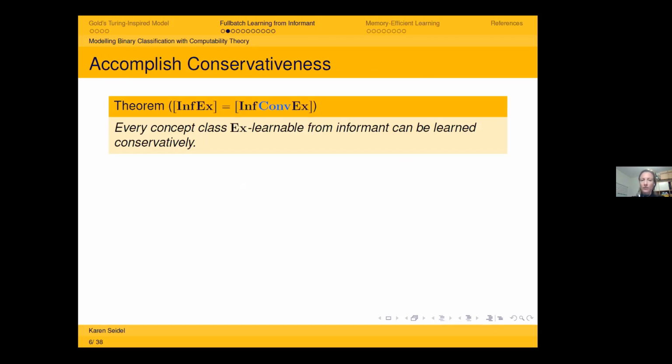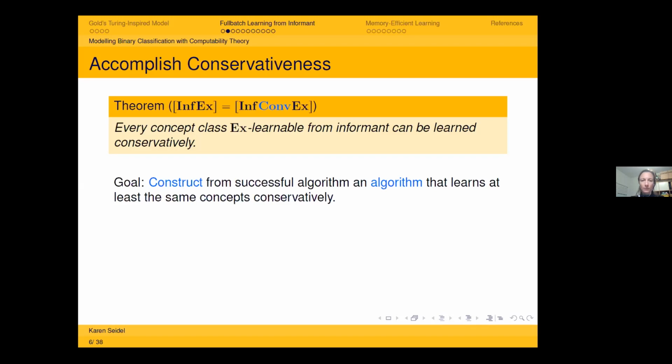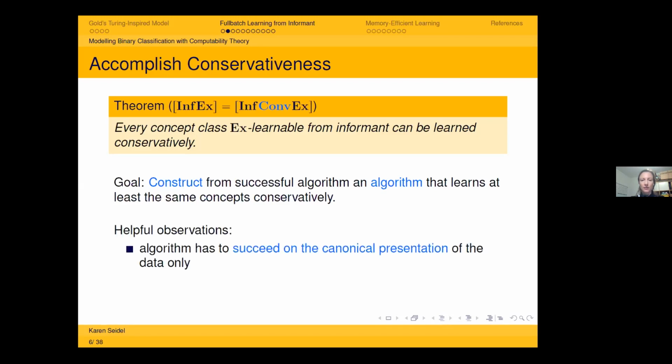So when learning from positive and negatively labeled data, this is not the case. The general idea, and I will go into more detail later, is that if we assume we have a successful algorithm, we want to construct another one that learns at least the same collection of languages, but does this conservatively.